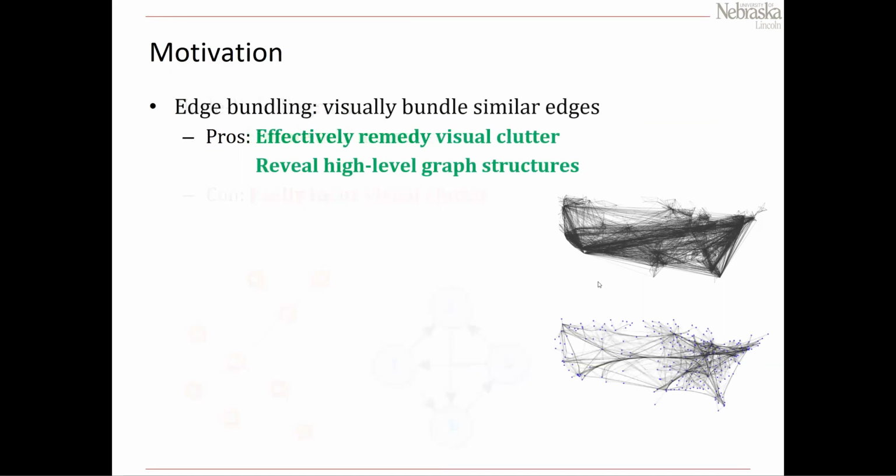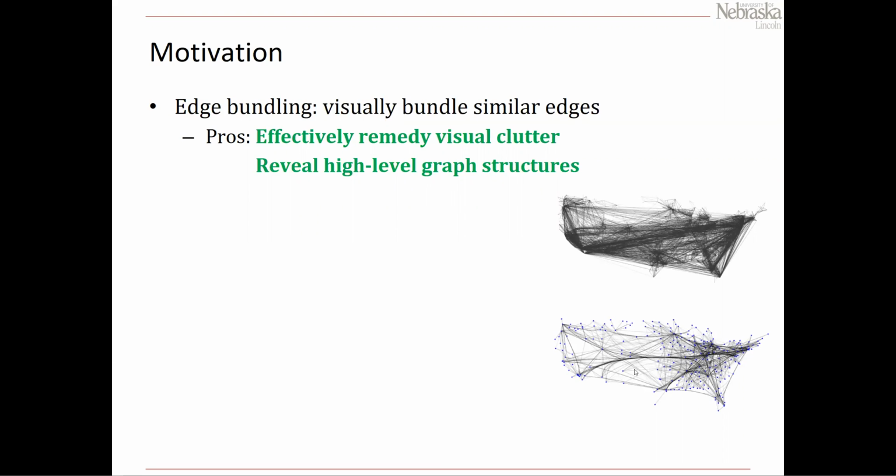To address this issue, people developed a set of algorithms called edge bundling. The basic idea of edge bundling is very simple. Visually, we just bundle similar edges together. In this case, we can use a small number of pixels for the bundles to highlight the structure of a graph, and we can significantly reduce the visual clutter.